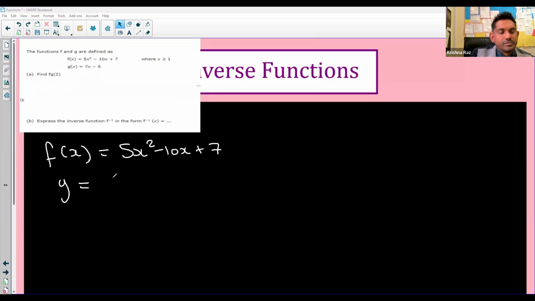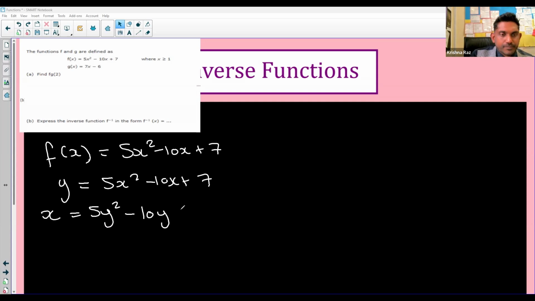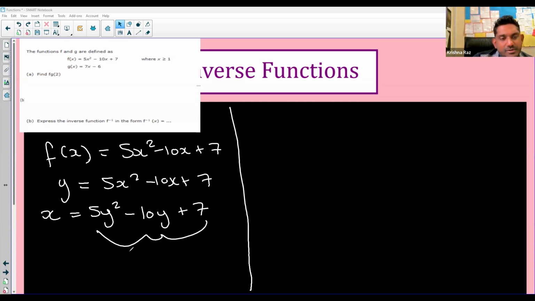So we put y equals, and we then swap it around. The only way to do this is to complete the square. So we need to complete the square on this bit.